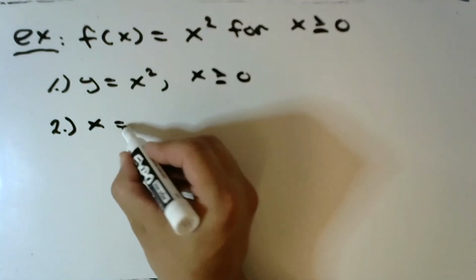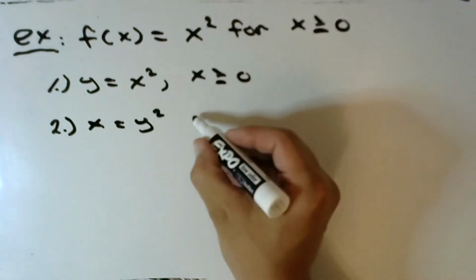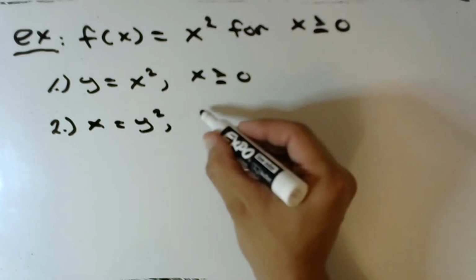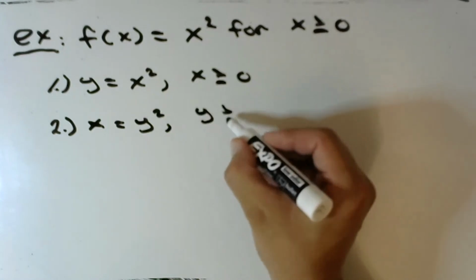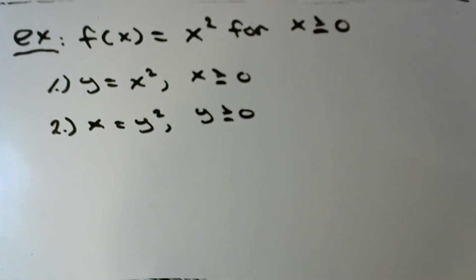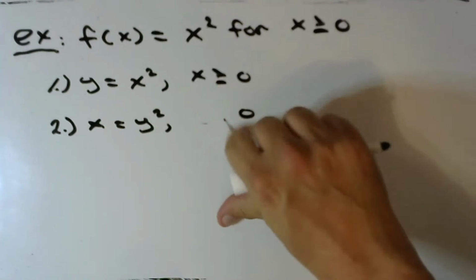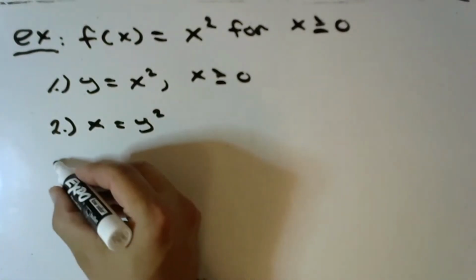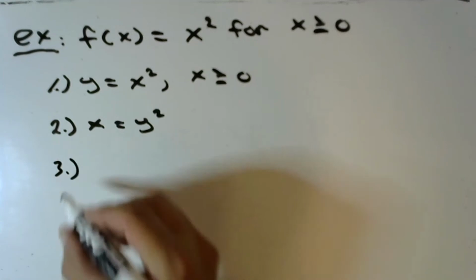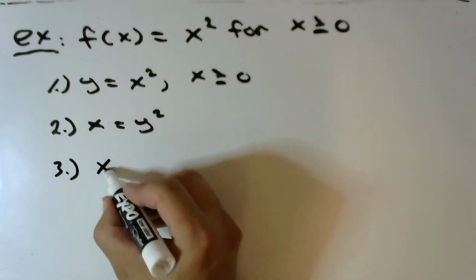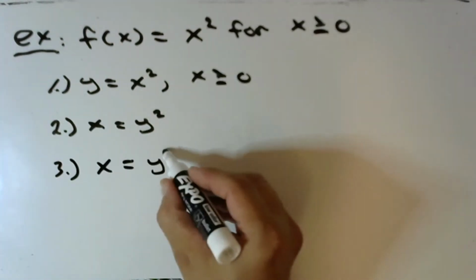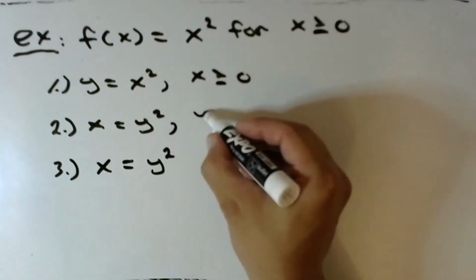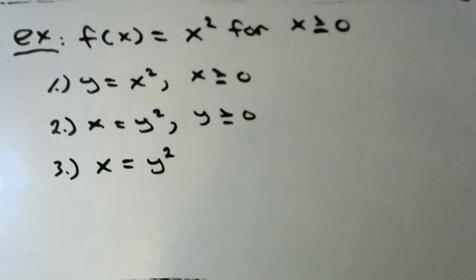We swap them. Well, we'll keep the bounds off for now. And then we square root both sides. Well, we could actually keep this. Say it's y greater than or equal to 0. That's okay here.